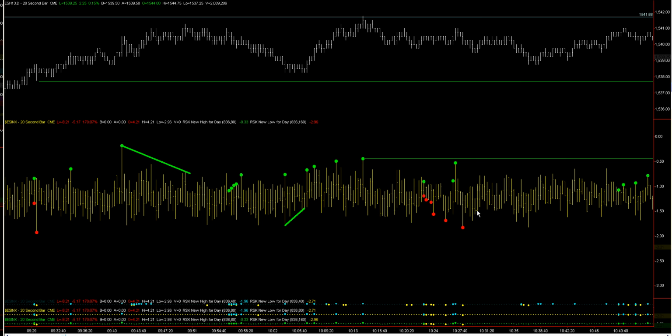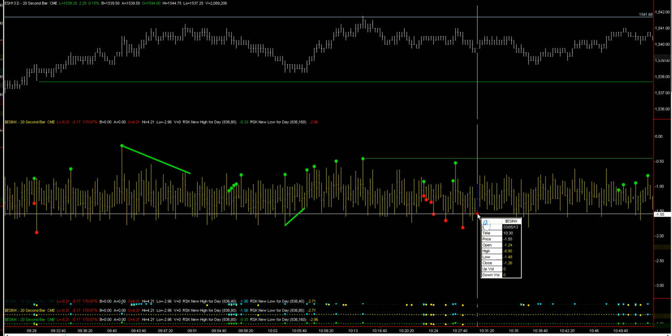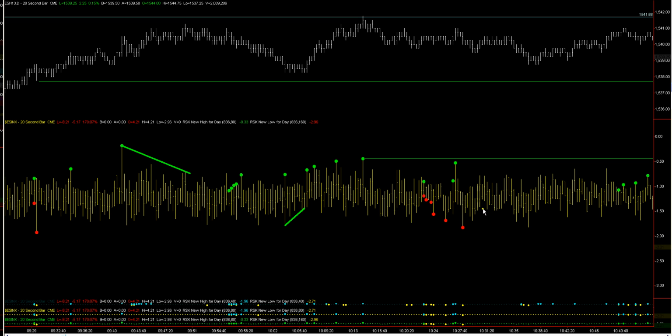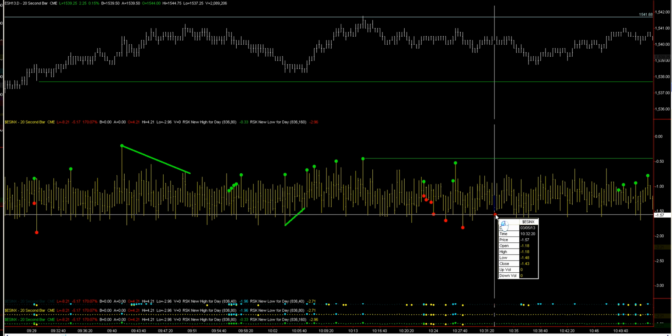Look at this low right there. We're safe so long as the premium does not drop below that level. Because if it drops below negative 1.48, we have to be very cautious.